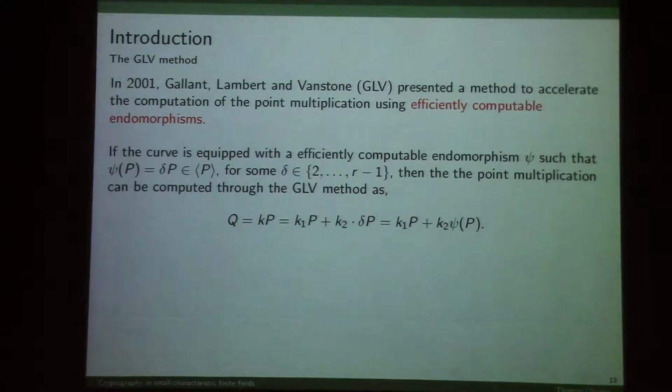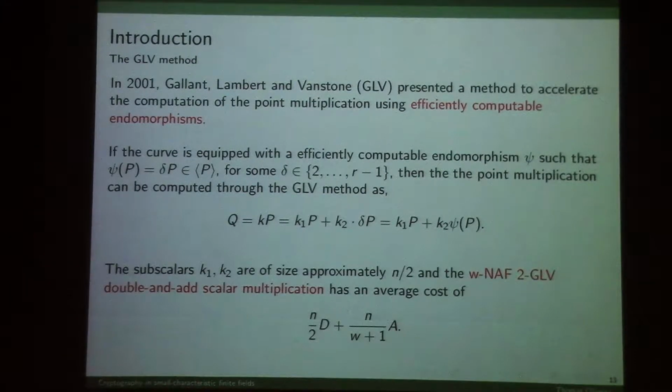We can perform the Euclidean algorithm to divide the scalar into two subscalars, and compute the scalar multiplication like this. But delta times P is the same as applying psi to P, so we can divide the scalar into two subscalars of size approximately n divided by 2.